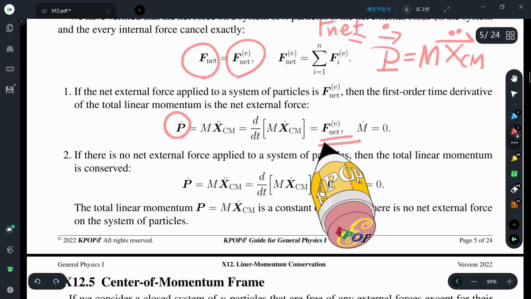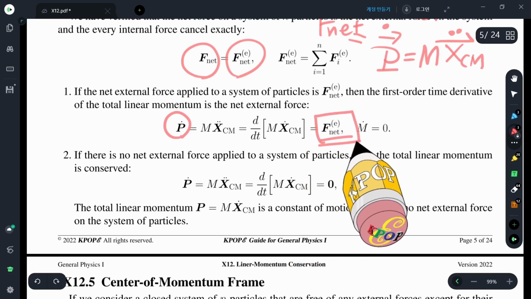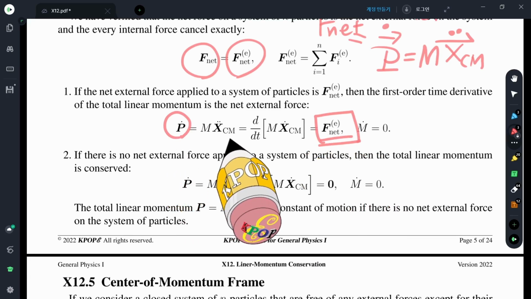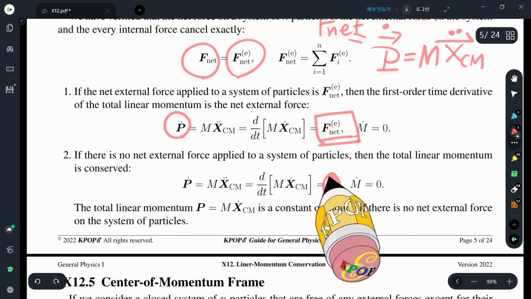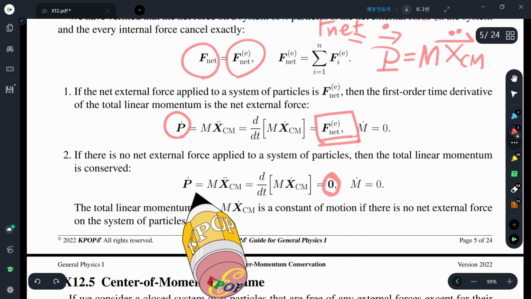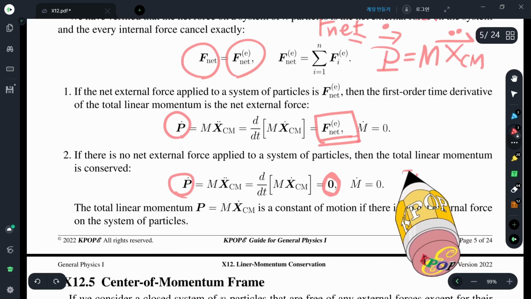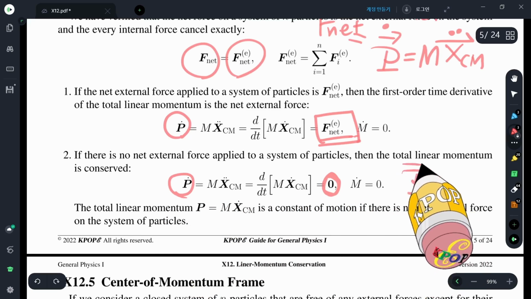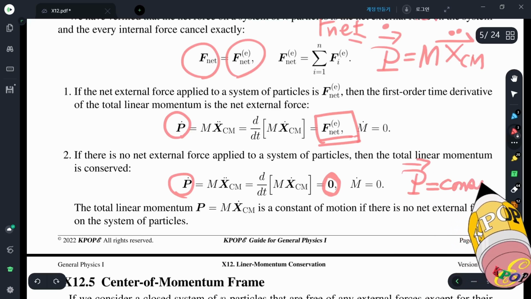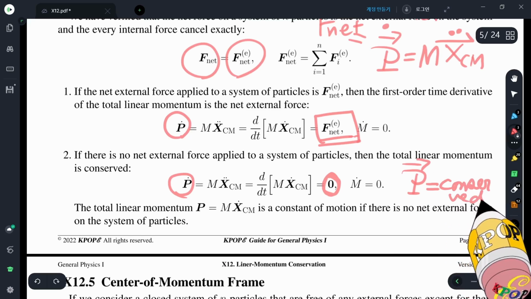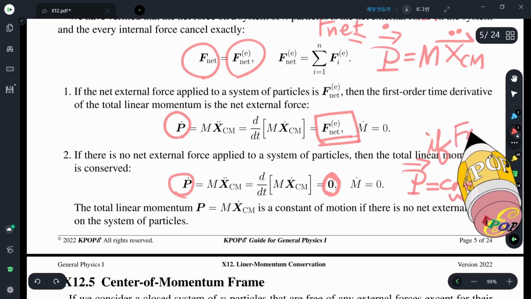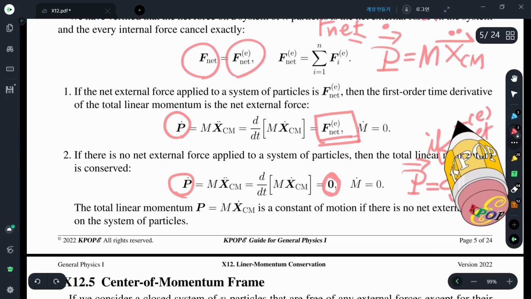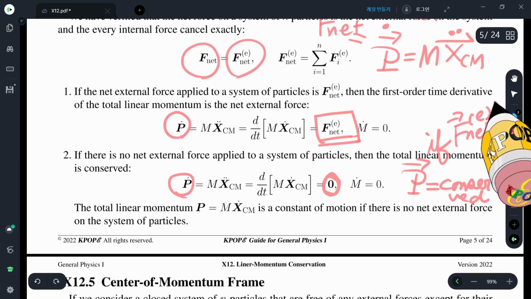If there is no net external force applied to this system of n particles, then this becomes 0. That means the total linear momentum P is conserved, if F net external is 0.